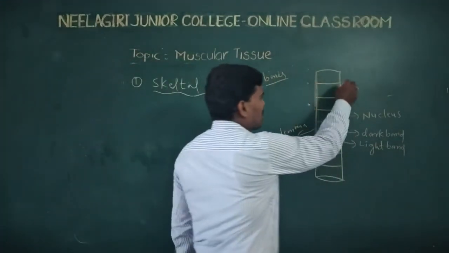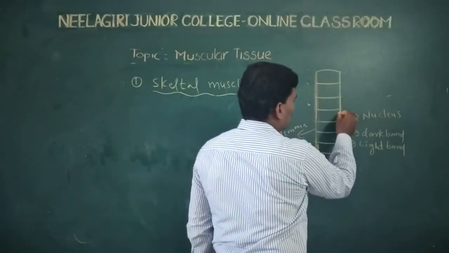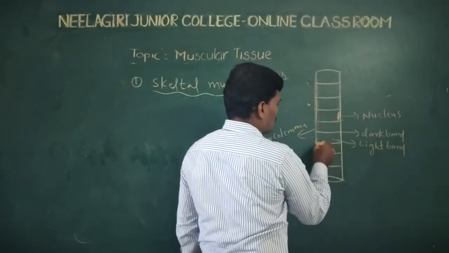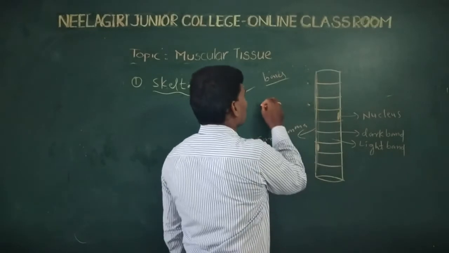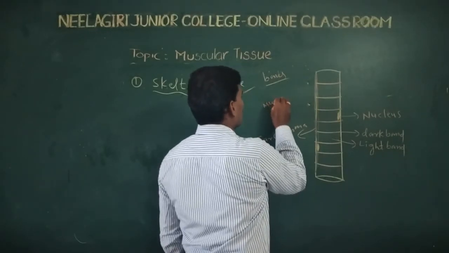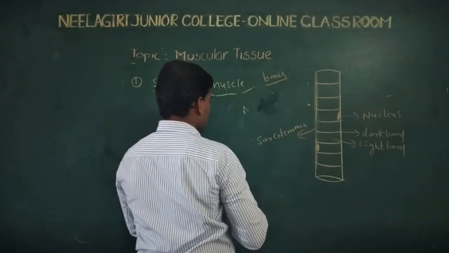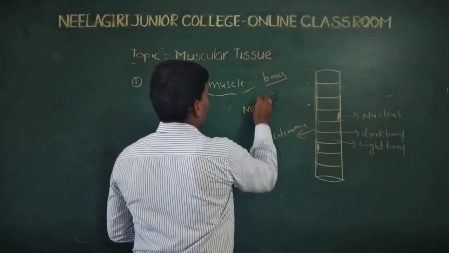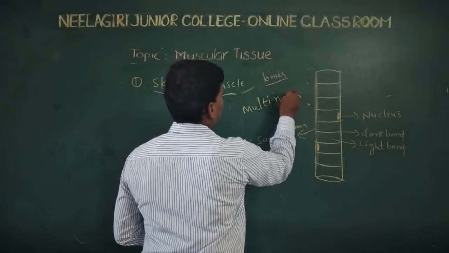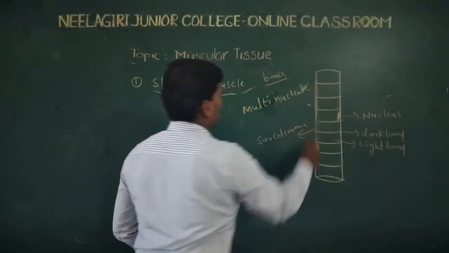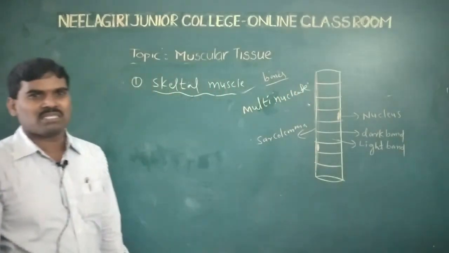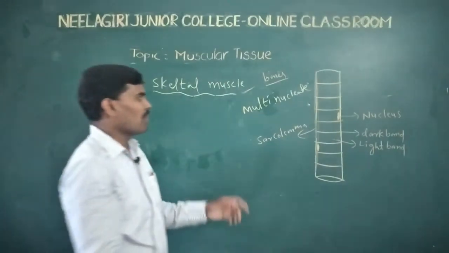In this type of muscle, a nucleus is present. One or more nuclei are present. This type is called multinucleate. So, multinucleate, another name is syncytium.